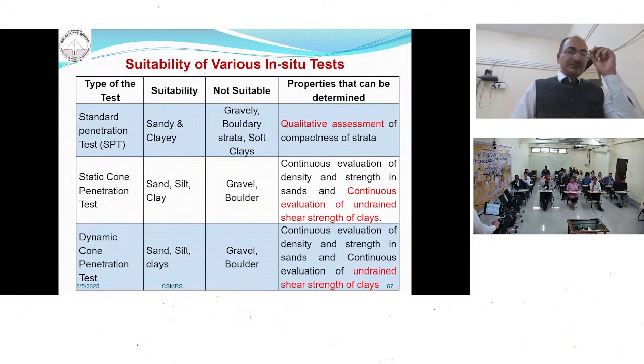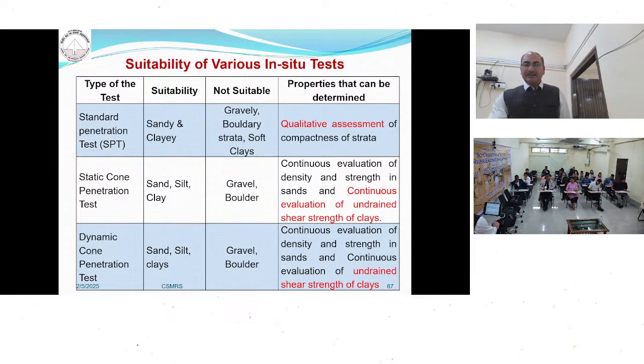SCPT is also suitable for sandy, silty or clay strata, but if there are gravels and boulders, you cannot conduct this test. This test gives us the density and strength of the clays and sandy soils, and a continuous evaluation of the underlying shear strength of the clays. The dynamic cone penetration test is again suitable for sandy, silty and clay soils, not suitable if the strata contains gravel and boulders.